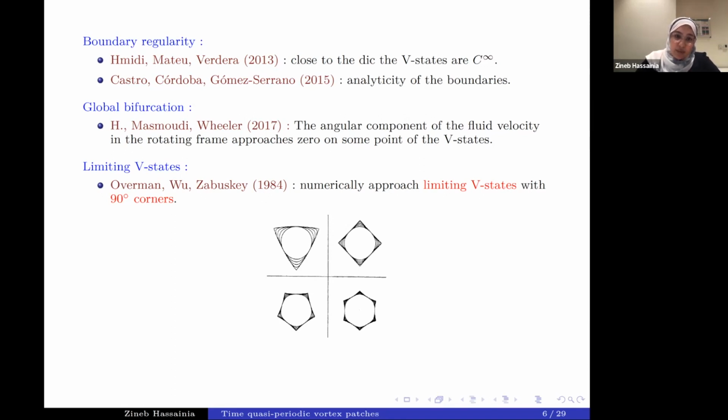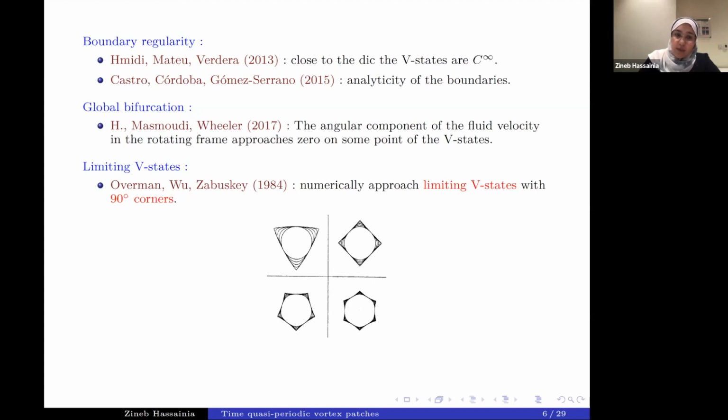Myself, Masmoudi, and Wheeler, we extended the local branches of solution constructed by Burbea to a global one. And the branch of solutions that we construct are large in that when the perimeter goes to infinity, the minimum on the interface of the angular component of the velocity in the rotating frame approaches 0.